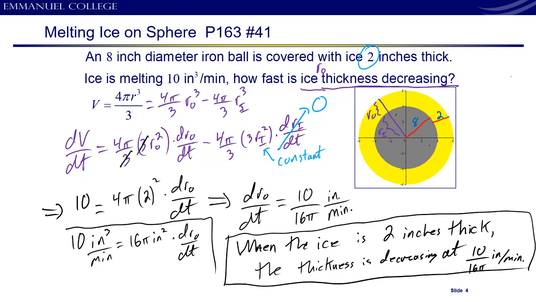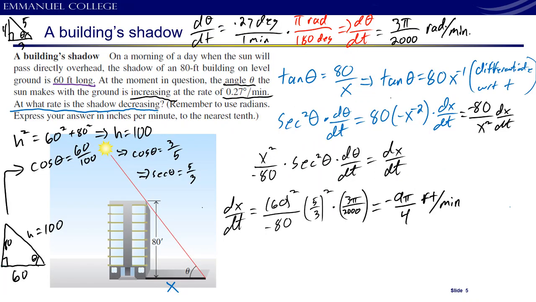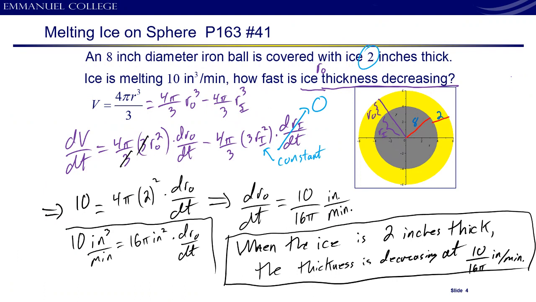So as long as you know the context, it makes the problem go a little bit smoother. Technically, what I should have said is that if it was melting, I could have used negative 10, and that would have given us the negative value. So let me make that little addendum here.